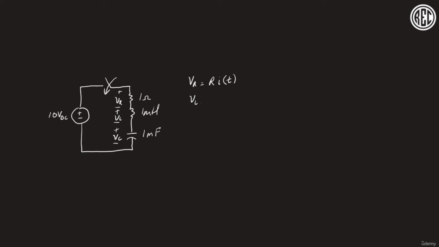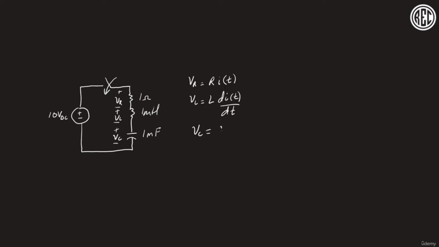The voltage across the inductor is given by the following equation. So L, which is the inductance of the inductor, times the rate of change of the current, so di dt. And then lastly, the voltage across the capacitor is given by the following equation.